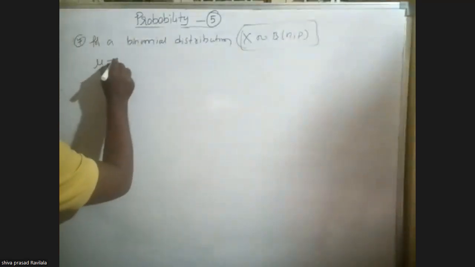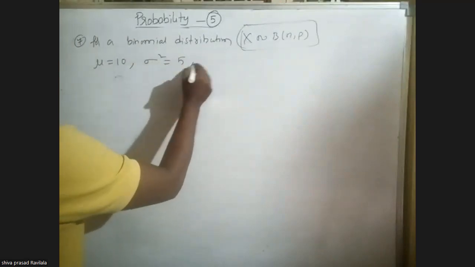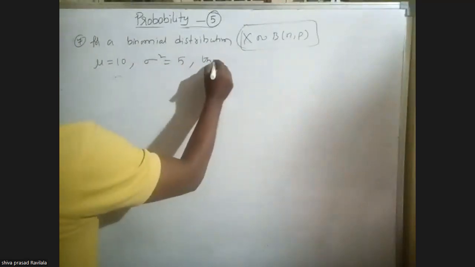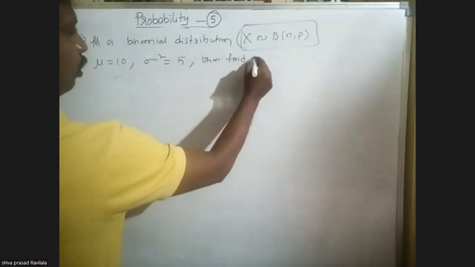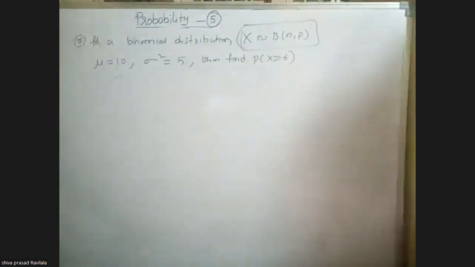Given mu is equal to 10 and sigma square is equal to 5, then find probability of x greater than 6.